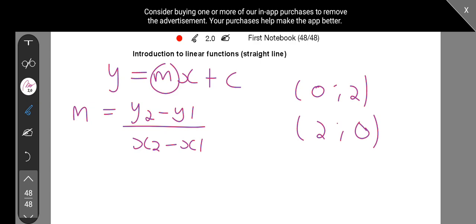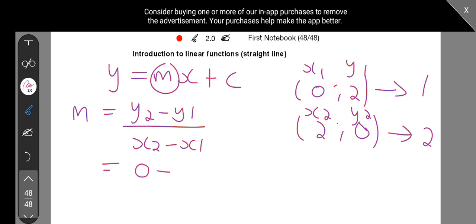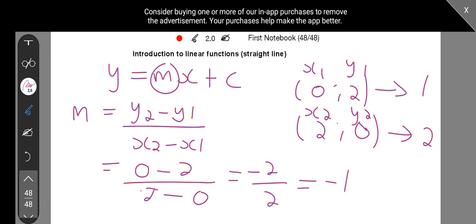The first pair is x1 and y1, and the second pair is x2 and y2. So the gradient is y2, which is 0, minus y1, which is 2, divided by x2, which is 2, minus x1, which is 0. At the end, we have -2 over 2, which is equal to -1.